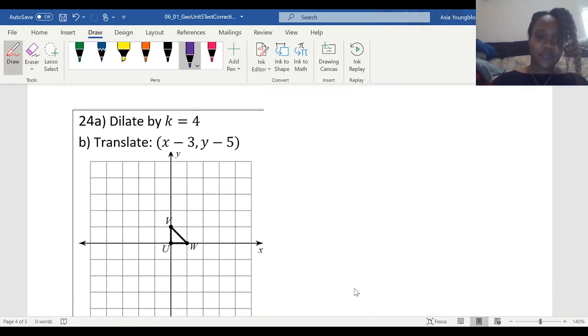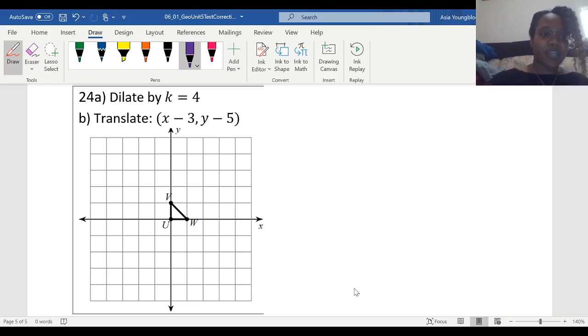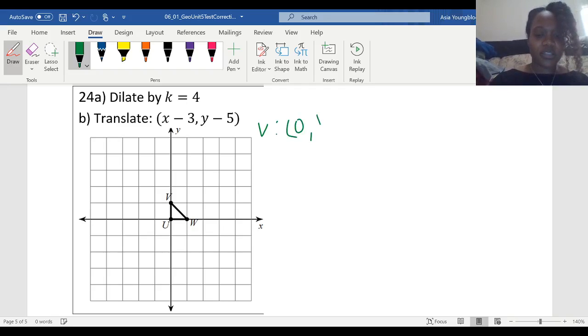Our next problem is 24. So again, we're going to start with dilation. Write your original points. V is 0, 1. So dilating that by our new scale factor of 4 is going to get us 0, 4.